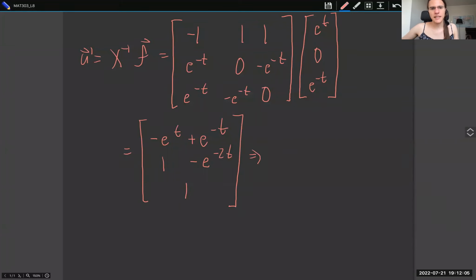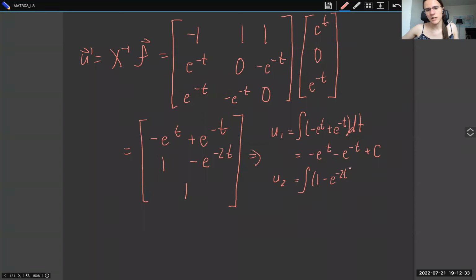So that tells us that u1 is the integral of minus e to the t plus e to the minus t dt, which is minus e to the t minus e to the minus t plus c. u2 is the integral of 1 minus e to the minus 2t dt, which is t.